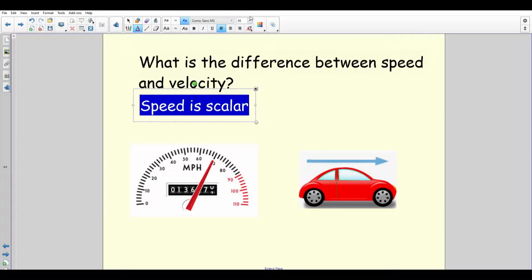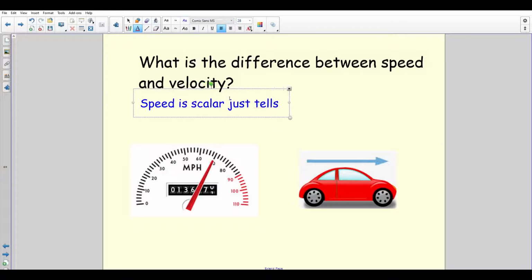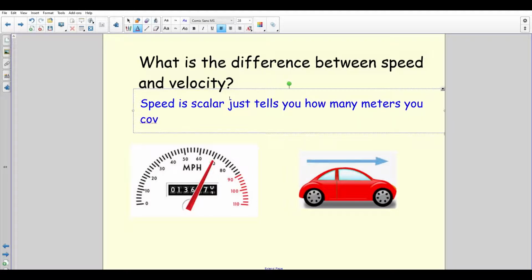So that means it just tells you how many meters you cover in a certain time. So how many meters in 1 second.